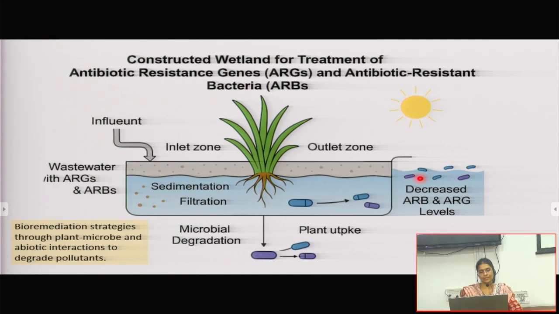In a bioremediation strategy, through plant, microbe and abiotic interactions, they degrade the pollutants. That means the interactions at the plant root rhizobia with the microbes. Similarly, the main removal mechanism depends on substrate adsorption and microbial degradation. Some substrate could be an antibiotic, which is being adsorbed.